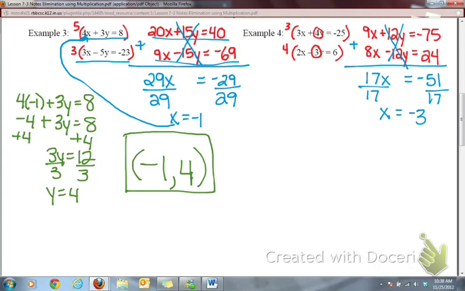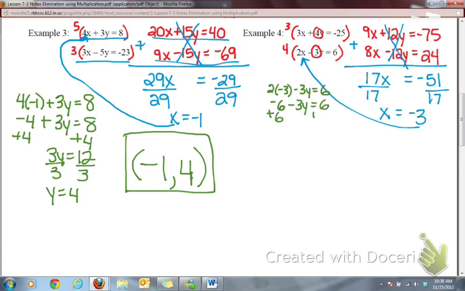I'm going to plug that in to any of the original equations. You could even use the ones that we rewrote, but bigger numbers there, so that makes it usually a little bit more difficult. I'm going to use, this time I'll use this bottom equation, just because I want to. So that's going to give me 2 times negative 3 minus 3y equals 6. That's negative 6 minus 3y equals 6.